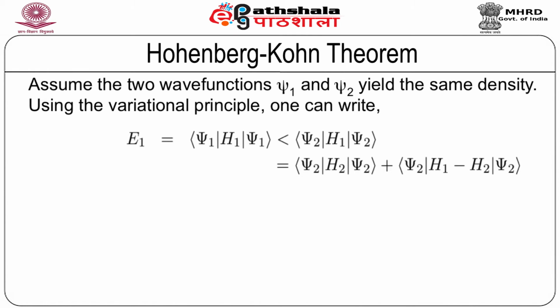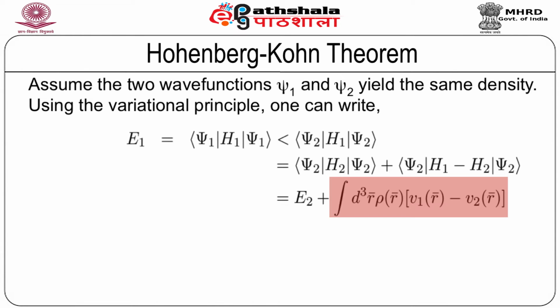Adding these two things, we get back the above expression. Since the eigenenergy of H2 is E2, the first term is nothing but E2, and the second term involves the difference between H1 and H2, and this difference shows up only in the external potential.